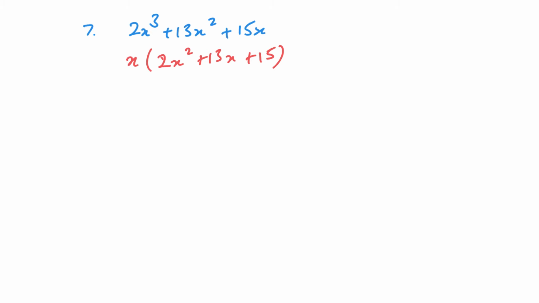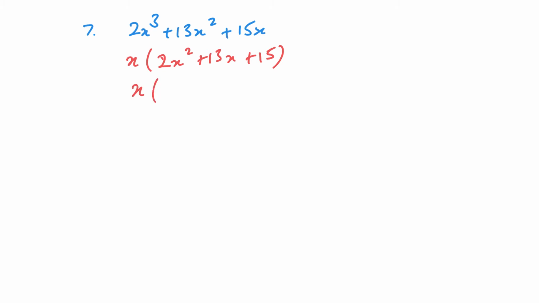So they just divide by the x, and they essentially don't write anything but that 2x squared plus 13x plus 15. Okay, but you can't do that if it isn't already equal to 0. If it's just factorizing, you can't just get rid of terms like that.